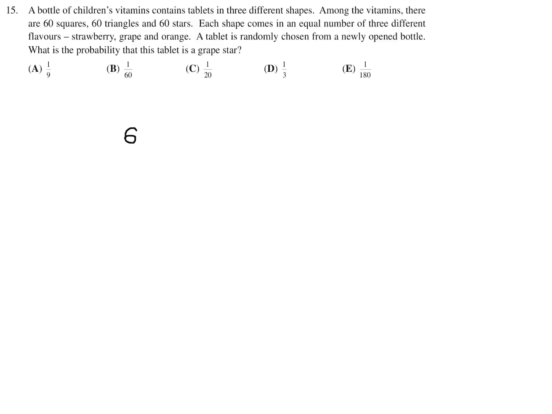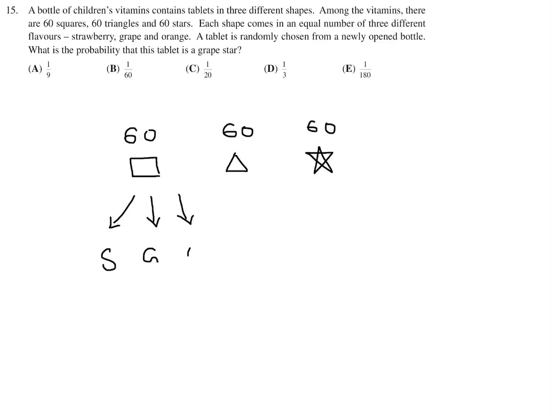So we've got 60 squares, 60 triangles, and 60 stars. And each shape has an equal number of flavors: strawberry, grape, and orange. So that means these squares have an equal number of strawberry, grape, and orange.